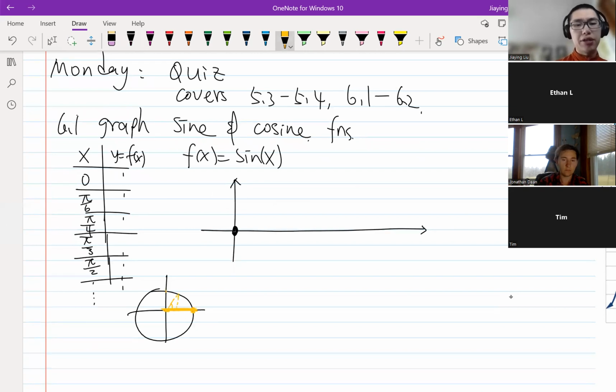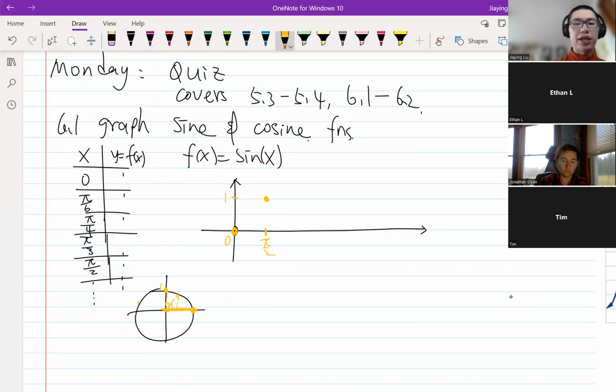And then as the angle gets to pi over 2, the y coordinate is going to reach the maximum at 1. And then the y coordinate decreases if we follow along the circle. So the message is that at the angle equals 0, the sine value of this angle equals 0. At pi over 2, it's going to reach the maximum value, which is 1.